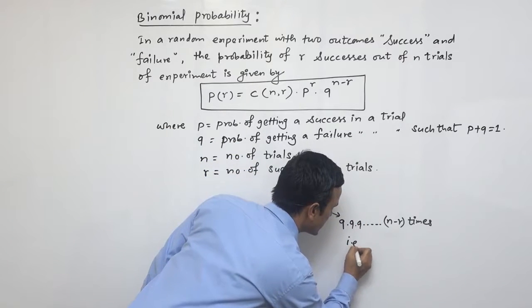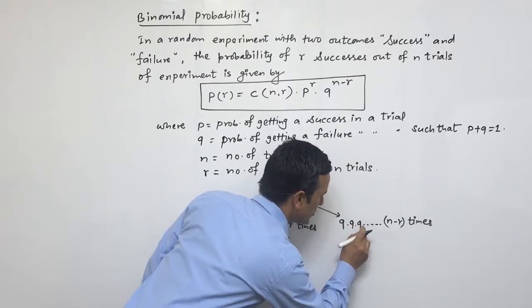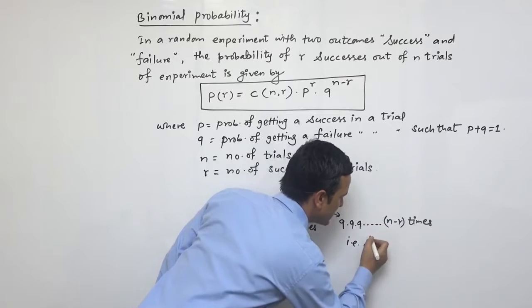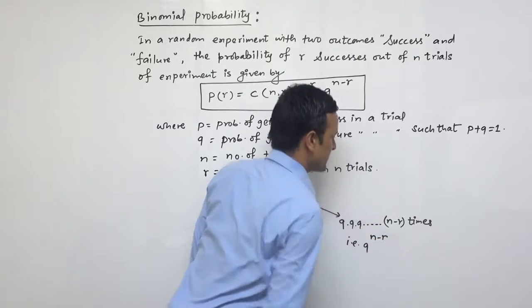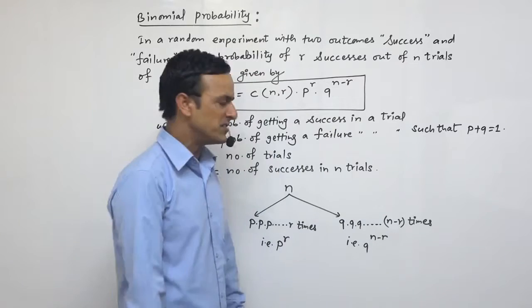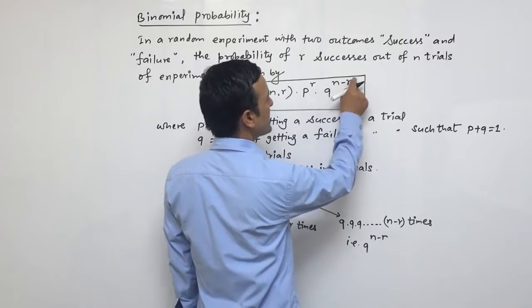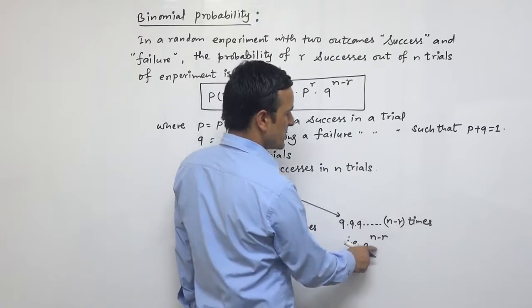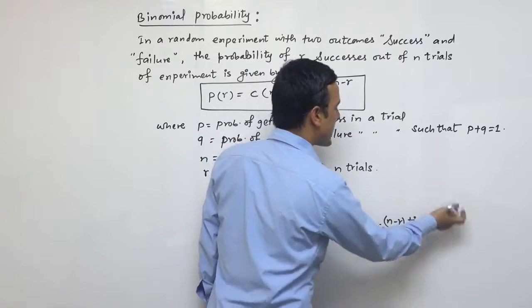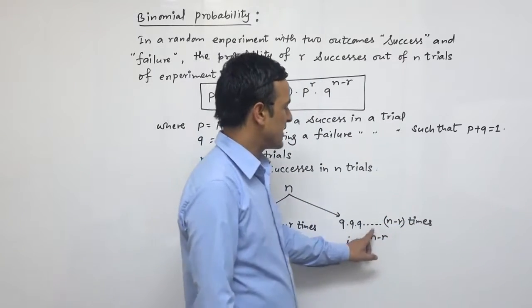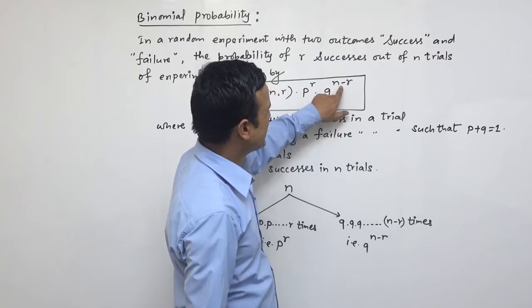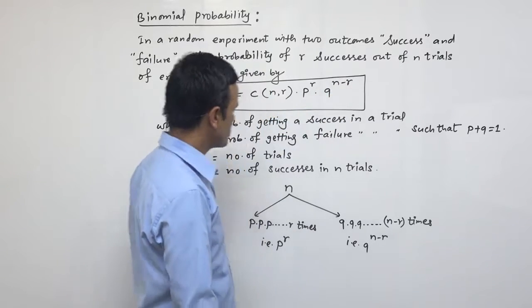त्यस्तै q भन्ने फेलियर नम्बर कति चोटी आएको छ हामीले यसलाई कसरी लेख्न सक्छौं q को पावर. Only one digit is repeated in how many ways, n minus r times repeated. So q power n minus r लेखेका छौं. एउटा यो फेलियर n minus r टाइम आउँछ भने q is repeated n minus r times so it is written like this, q power n minus r.